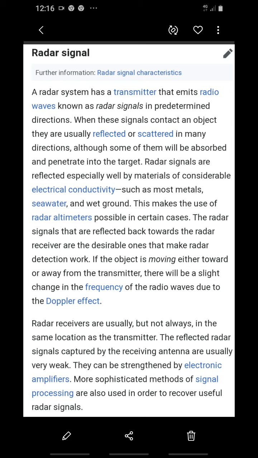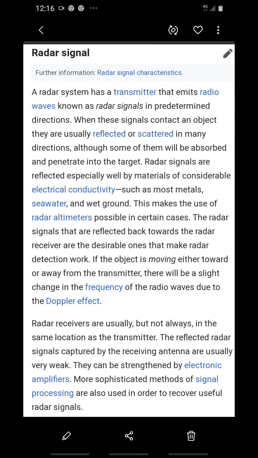This makes the use of radar altimeters possible in certain cases. The radar signals that are reflected back towards the radar receiver are the desirable ones that make radar detection work.